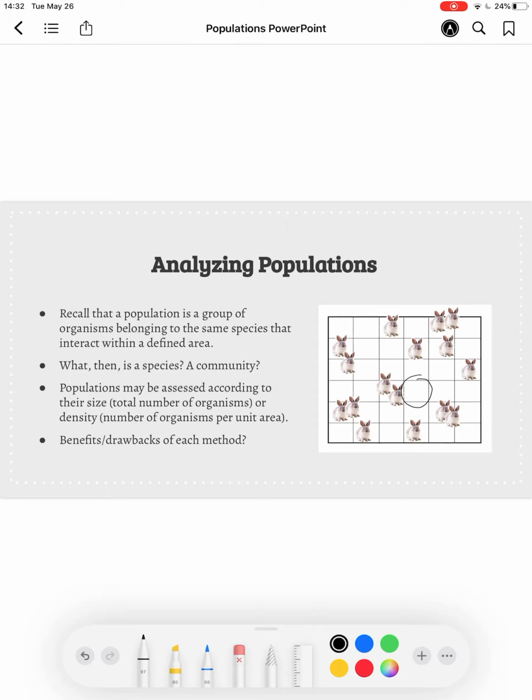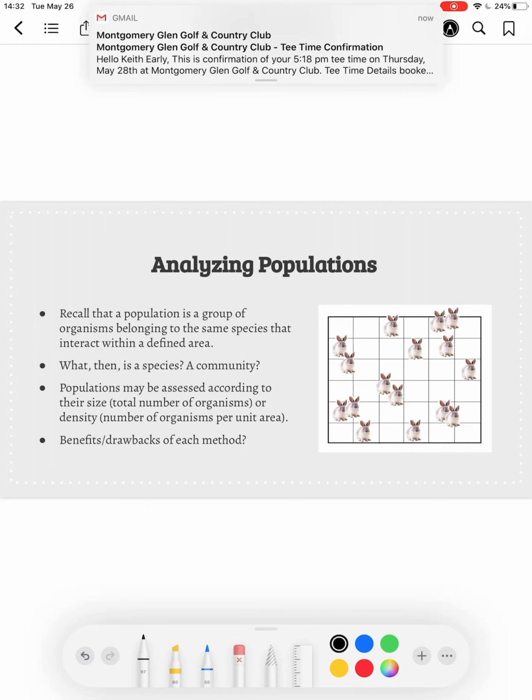So we're going to count how many bunnies are in that square, and then multiply it by how many squares are here to figure out the density. Well, there's no bunnies in that square, so that's a really bad way of doing it. So you need to make sure that you're weighing out the pros and cons of what you're doing.